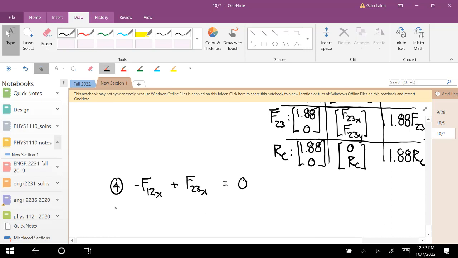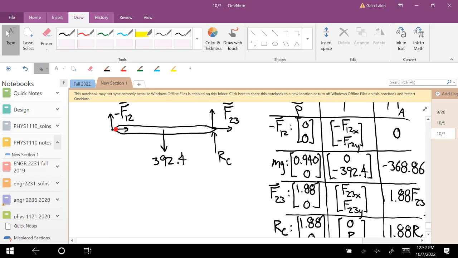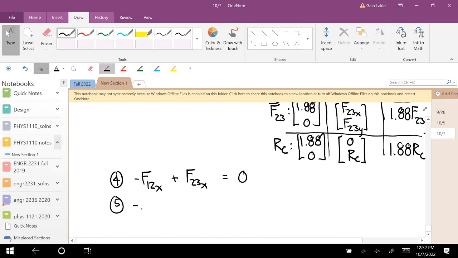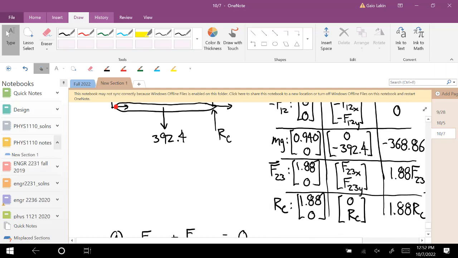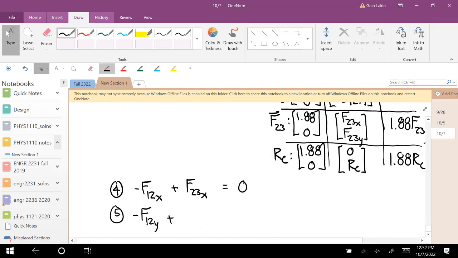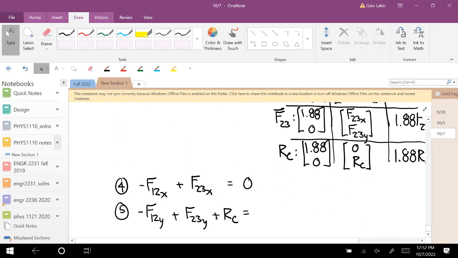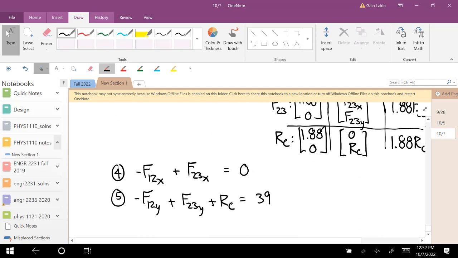Equation 5 says negative F12y plus F23y plus RC is equal to positive 392.4.